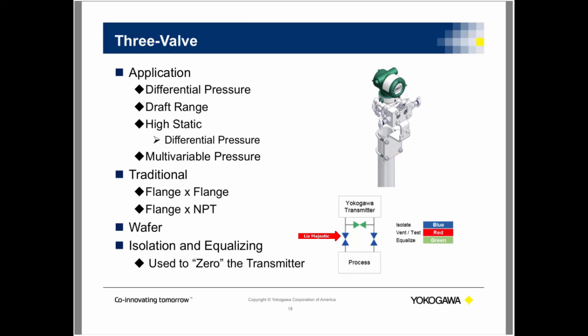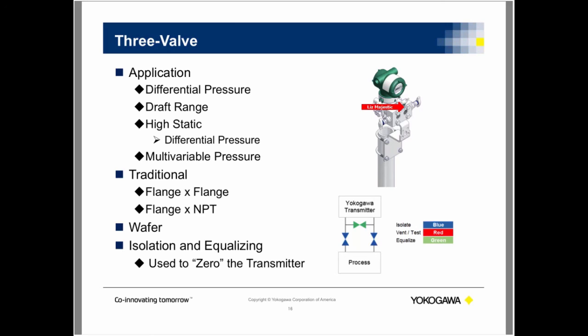The vent plugs on both the high side and low side of your transmitter need to be cracked to let all the gas expel. Then you securely close them back up, and check your output again with a test meter or test gauge, and adjust the zero if you need to. And then now your instrument is back into service.